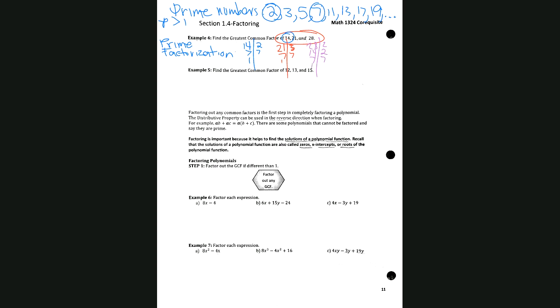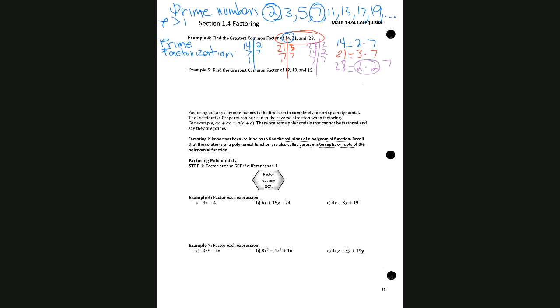So now we could say that for each number, and now I'm going to write the prime factorization horizontally, so it will look like this. 14 is the product of 2 times 7. 21 is the product of 3 times 7. And 28 is the product of 2 times 2 times 7. Or we could also say 2 squared times 7.